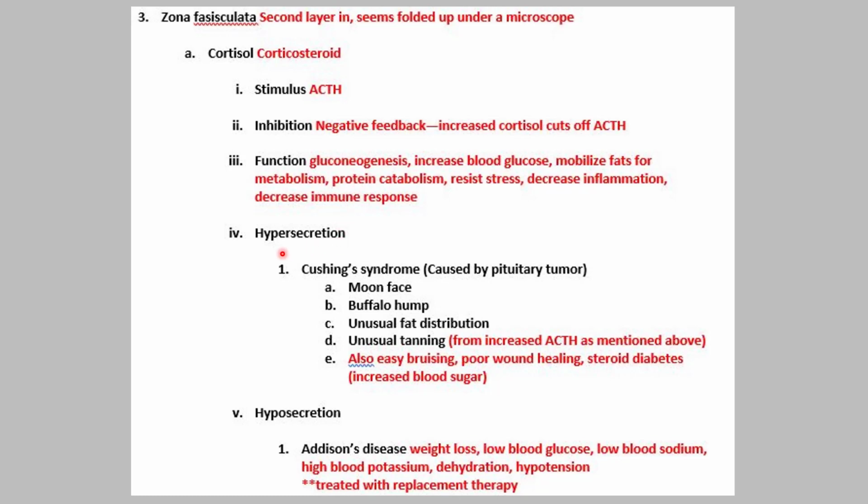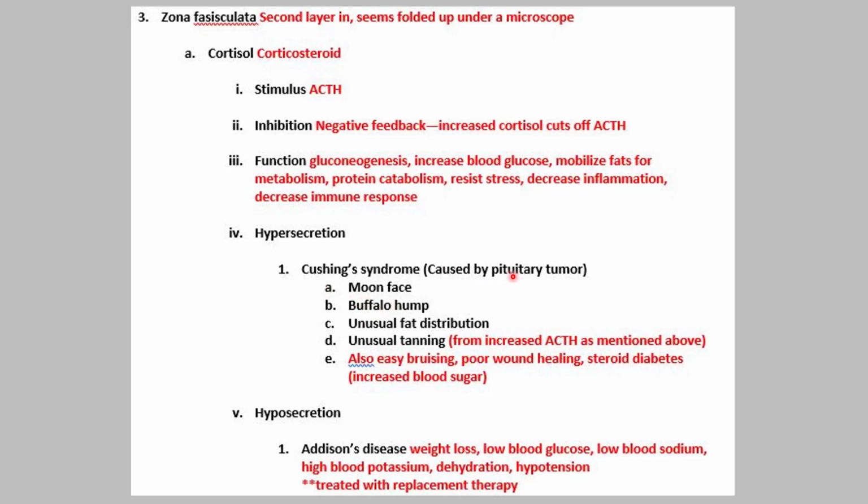What happens when we have hypersecretion of cortisol? Well, something called Cushing's syndrome. But it's actually not so much from the adrenal gland. We can get something causing excess cortisol from the adrenal gland, but more often it's going to come from something going wrong with the pituitary gland causing excess ACTH, which results in excess cortisol.